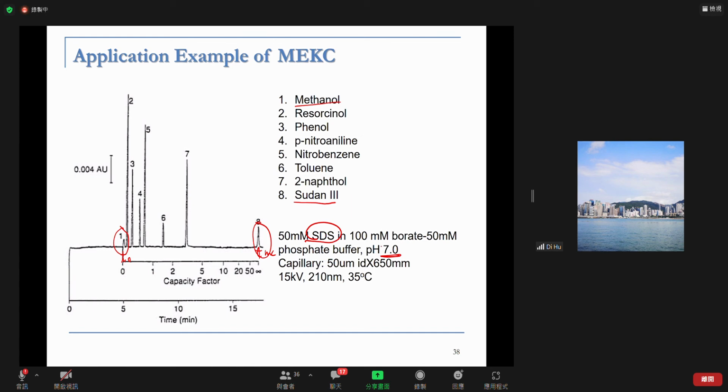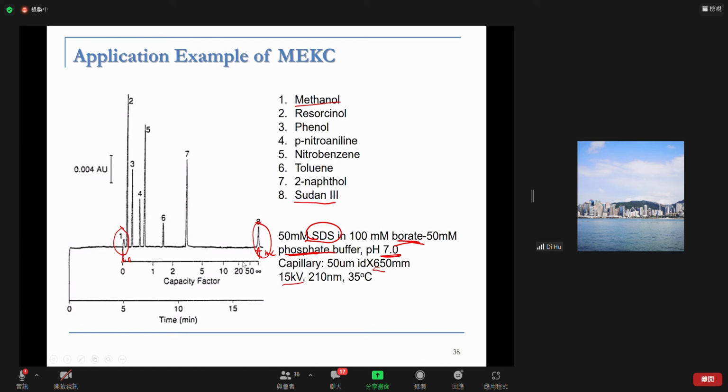That is a very common condition, and borate and phosphate buffer solutions are also very common. You can see a 65 centimeter long capillary, 15 kilovolts, and 210 nanometer used for the measurement.